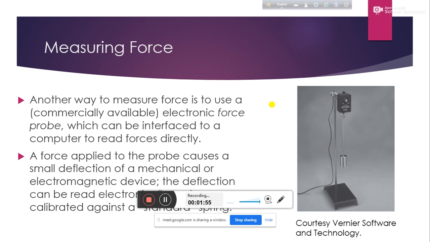Now, another way to measure force is the electronic force probe. Here in the figure you can view one electronic force probe, which can be interfaced to a computer. When it is interfaced to a computer, we can directly read the measure of the force on the computer screen.